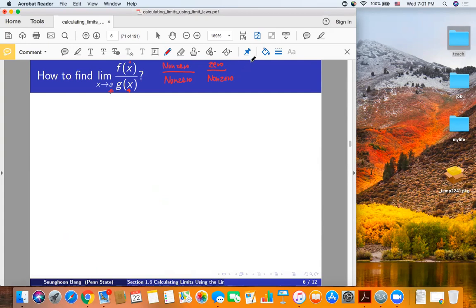The third case is non-zero over 0. The last case is 0 over 0. We don't have more cases, exactly 4 cases: non-zero over non-zero, 0 over non-zero, non-zero over 0, 0 over 0. So here, case 1.